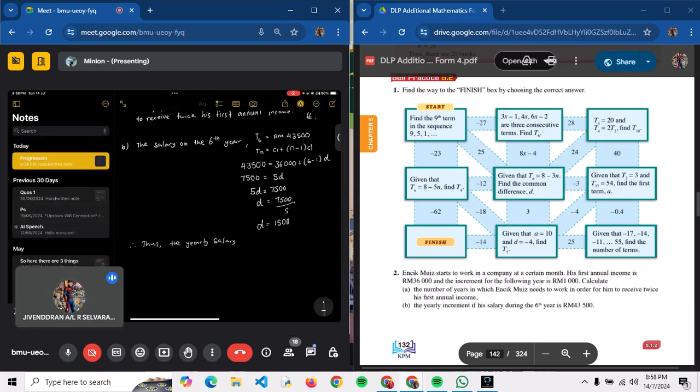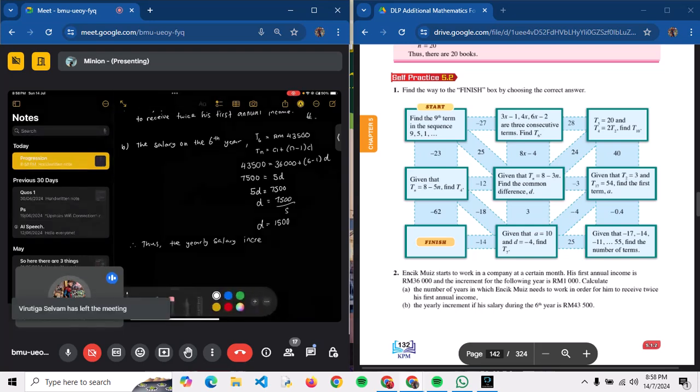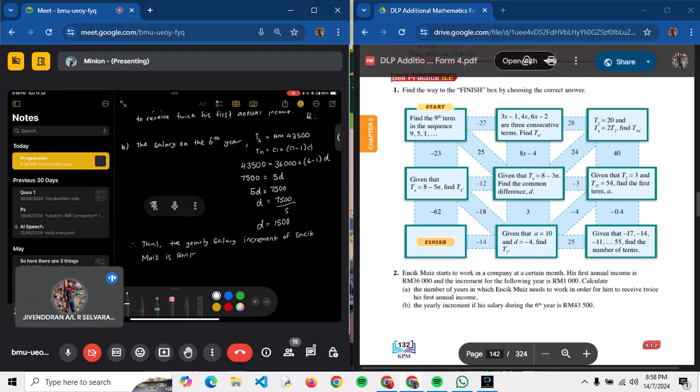Okay, so now the question asks the yearly increment if his salary during the 6th year is 43,500. So now the question is asking the common difference. They have already given that in the 6th year his salary is 43,500, which means T6 equals 43,500. So now we know that n is 6.